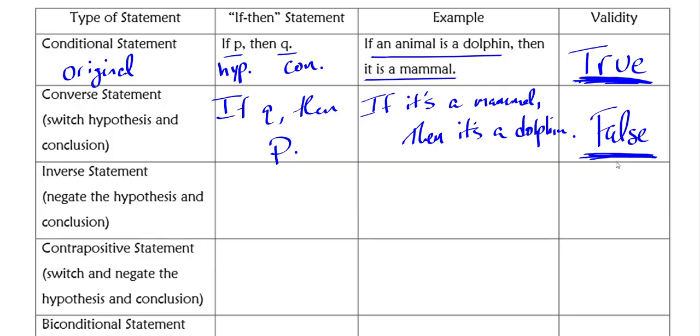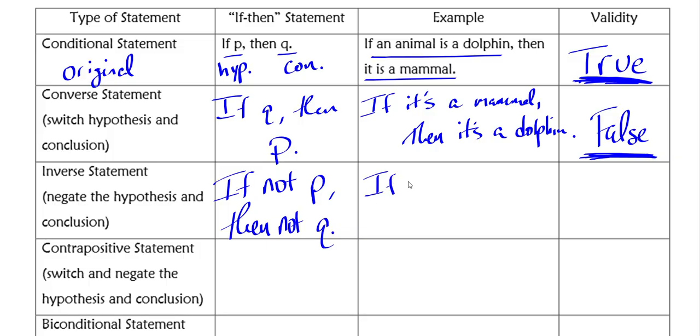The inverse means we keep the order the same, but we negate the hypothesis and the conclusion. That basically says, if not P, then not Q. So negate means changing it to a negative, or if it's already a negative, you could change it back to a positive.